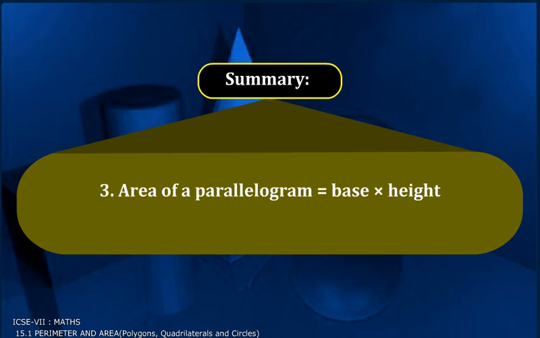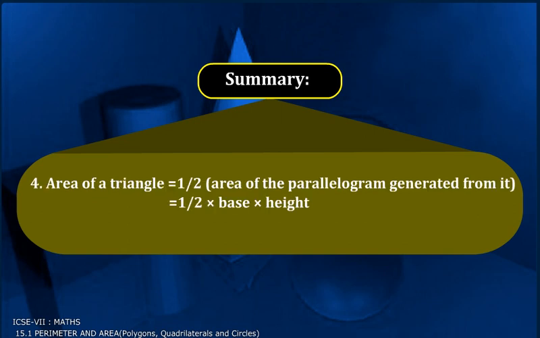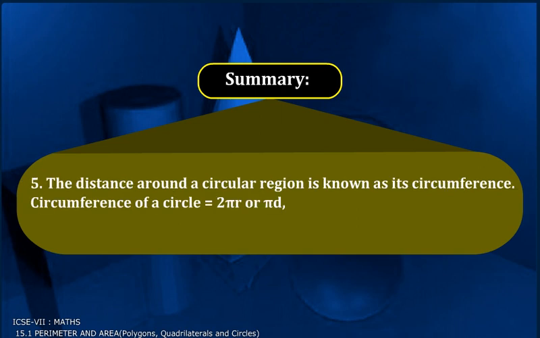3. Area of a parallelogram is equal to base into height. 4. Area of a triangle is equal to 1 by 2 into the area of the parallelogram generated from it, which is equal to 1 by 2 into base into height. 5.